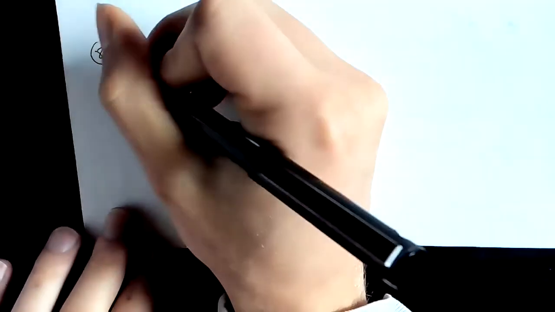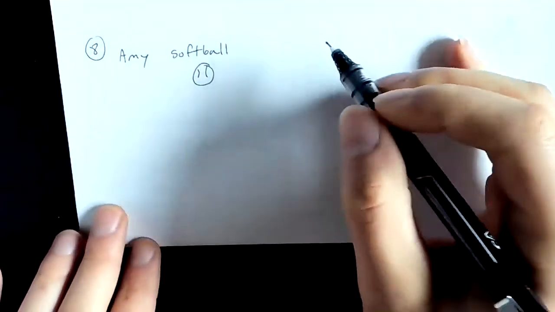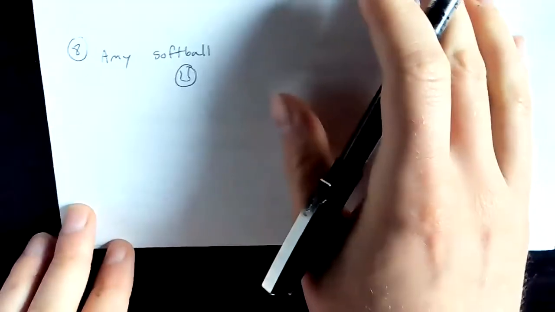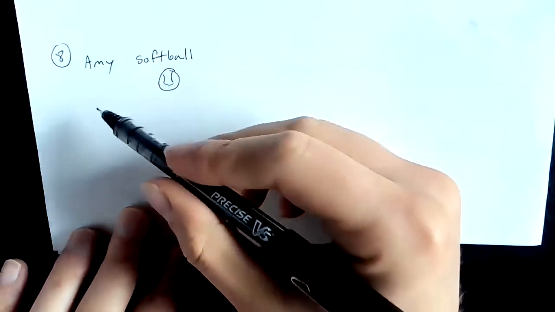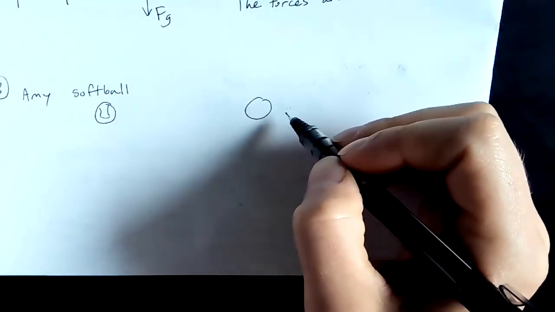Now you have another drop-down menu. Now we're told that Amy throws a softball through the air. What are the different forces acting on the ball when it's in the air? Okay, so here's the ball in the air.